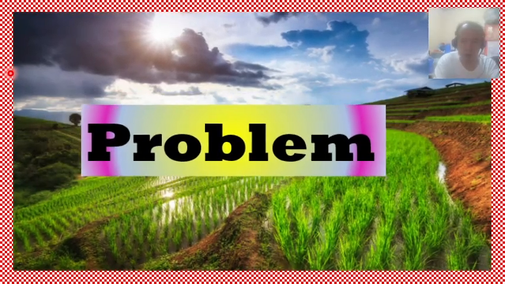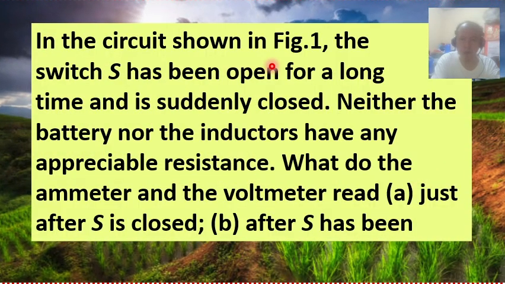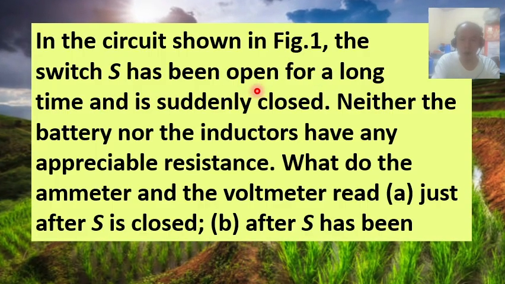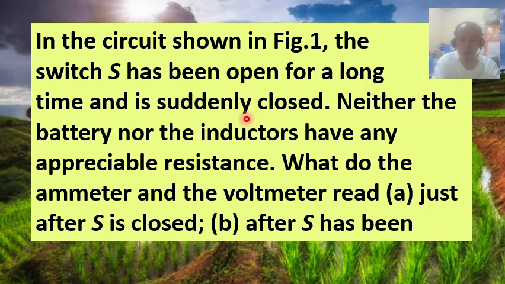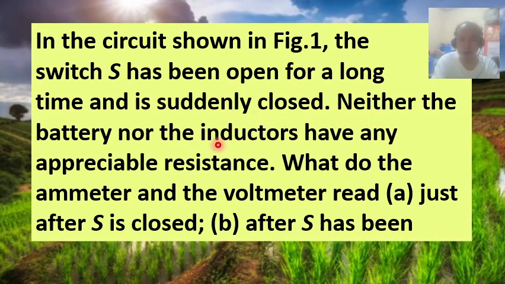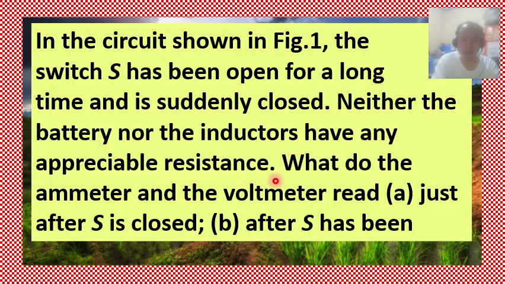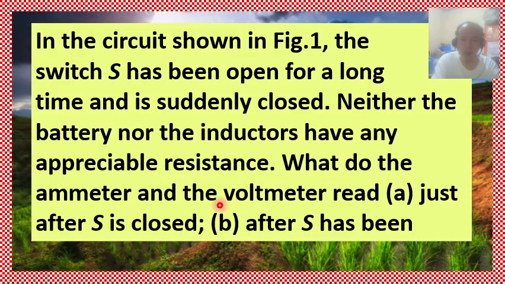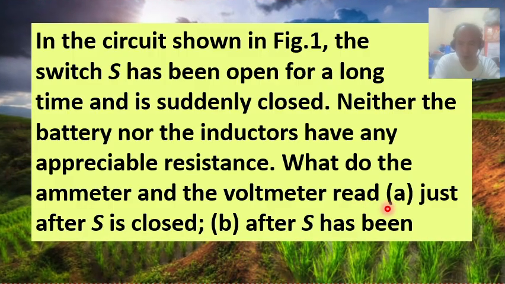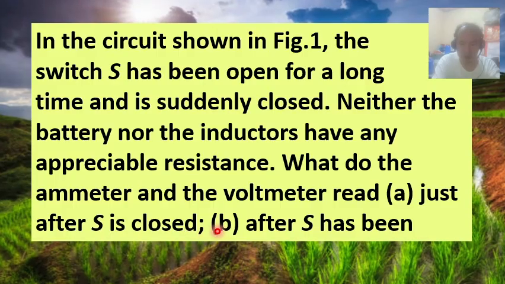The problem is, in the circuit shown in figure 1, the switch S has been open for a long time and is suddenly closed. Neither the battery nor the inductors have any appreciable resistance. What do the ammeter and the voltmeter read? Letter A, just after the switch S is closed.